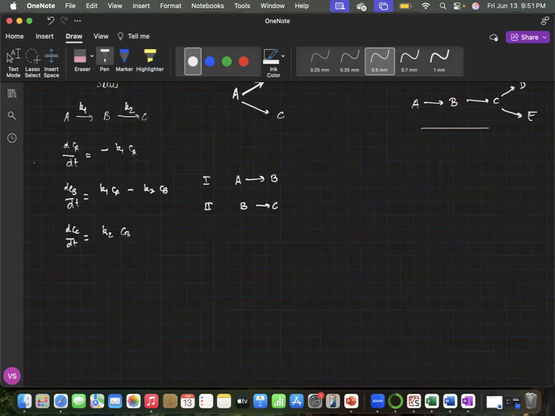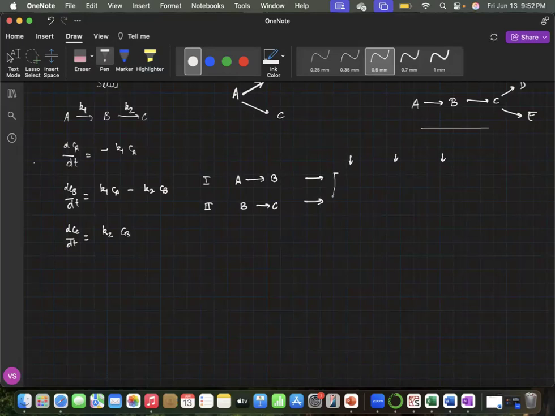Now, what we could do is make a matrix for this particular system of reactions wherein the rows represent the reaction number, and the columns represent the element. So for example, A, B, or C. So there are three species that could be represented in the columns, right?